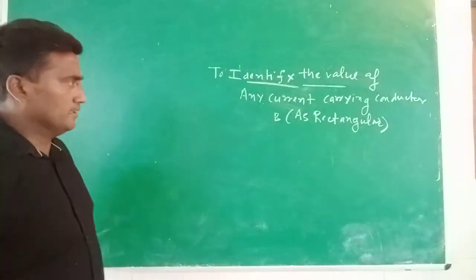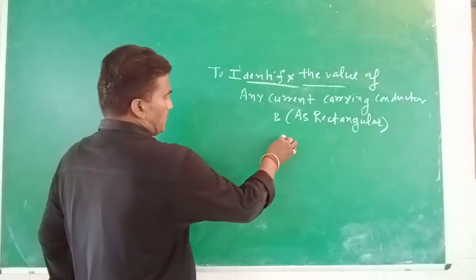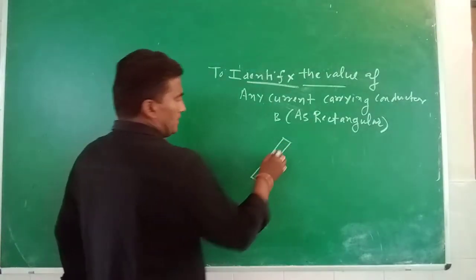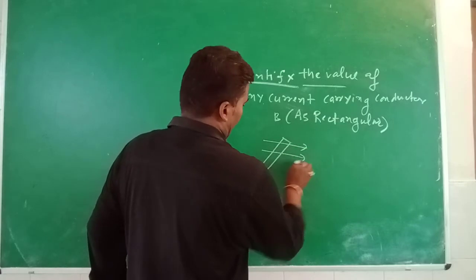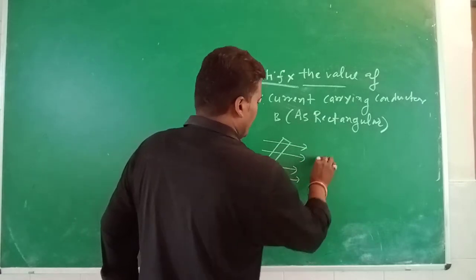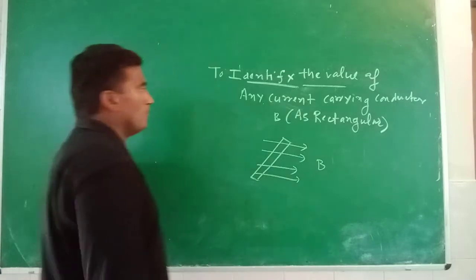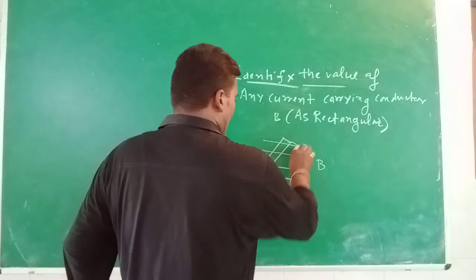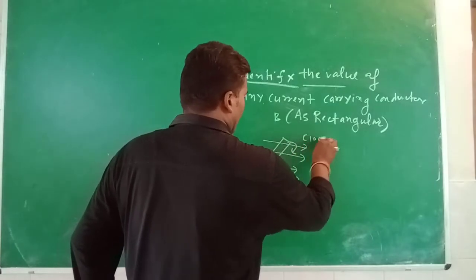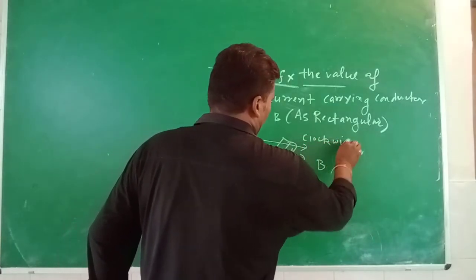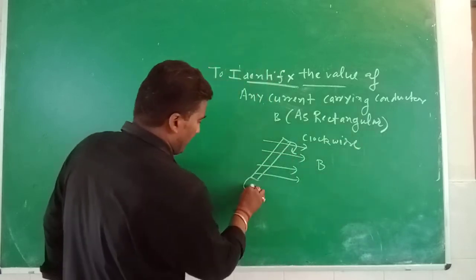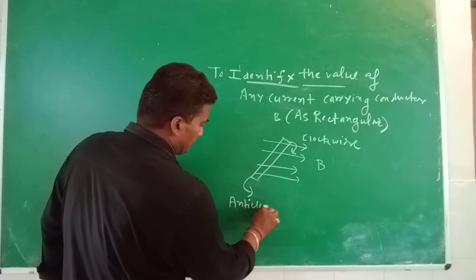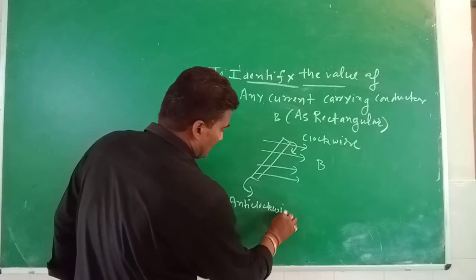Let us consider a current carrying conductor placed in the magnetic field B. When we observe the mathematical relation, sometimes it moves in the clockwise direction and sometimes in the anti-clockwise direction, like this.